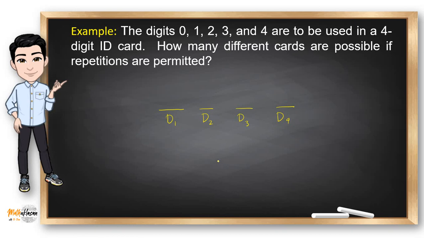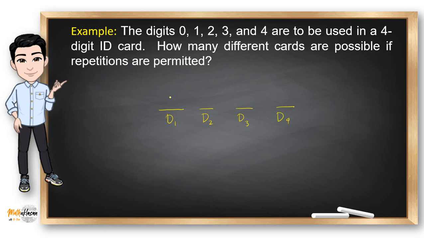So when we say repetitions are permitted, the ID number could be 333, right? Because a while ago in the previous example, repetitions are not permitted. So if you chose 3 here, you can only choose 0, 1, 2, or 4 in the remaining digits or numbers. Okay, so here repetitions are allowed.